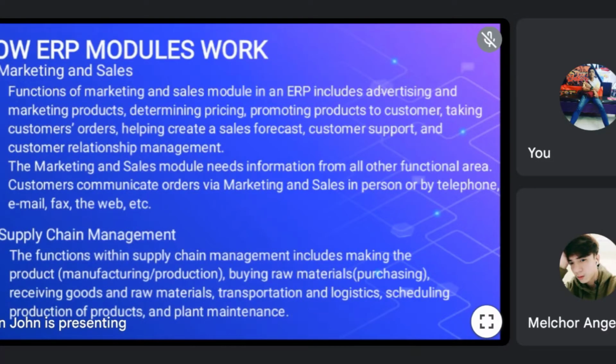Yung number 2, supply chain management. Ang example nito is yung Shopee Shop, yung online. Kung makikita nyo, doon sa functional na yon, merong pwede nyo i-chat kung yung tao pag-orderan nyo. Example na rin natin yung online selling sa Facebook lang, di ba, meron.